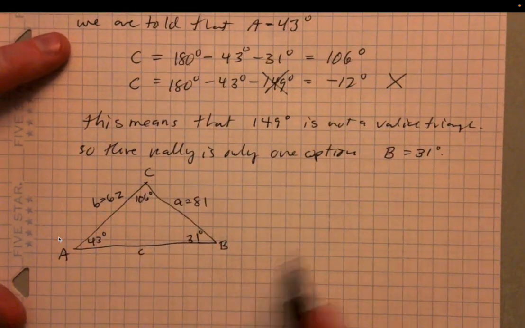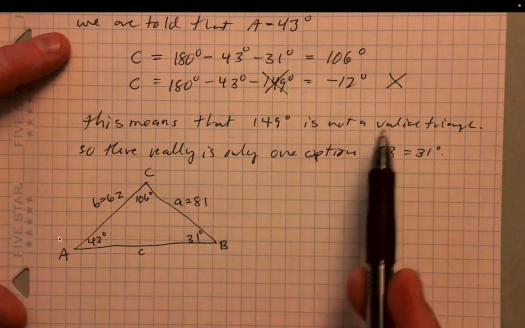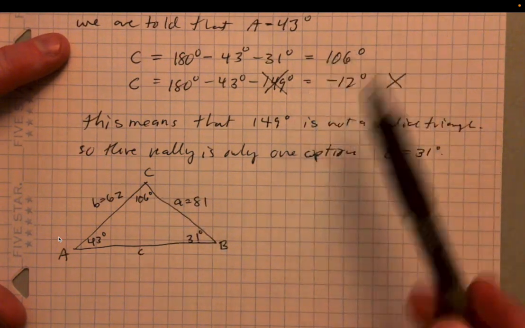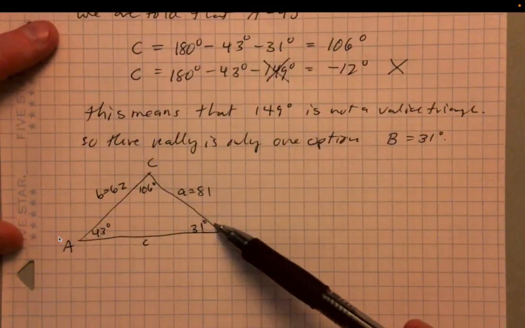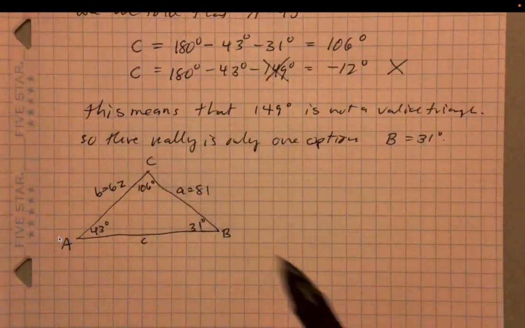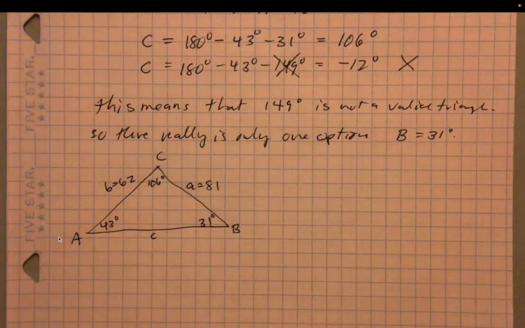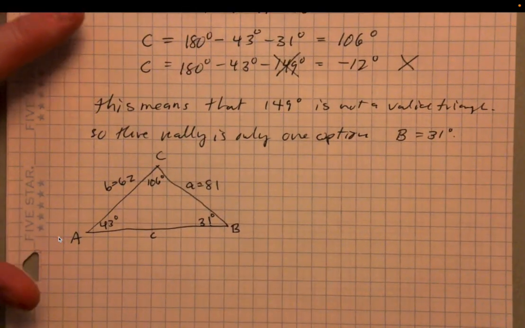The other triangle, where we were looking at a potential 149 degrees, would have made the triangle invalid. Okay, so there's only one valid triangle.